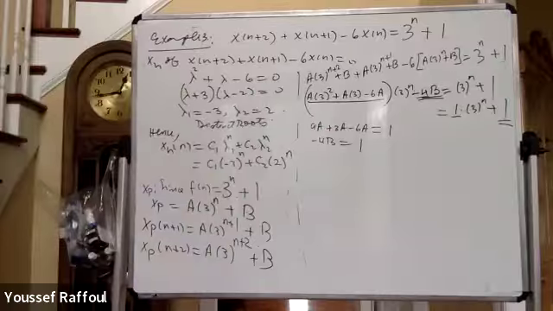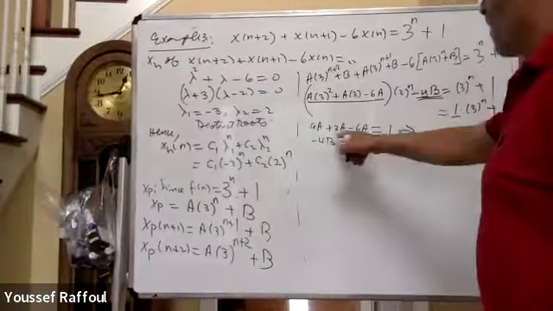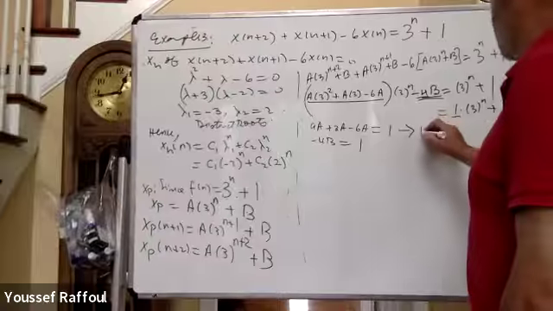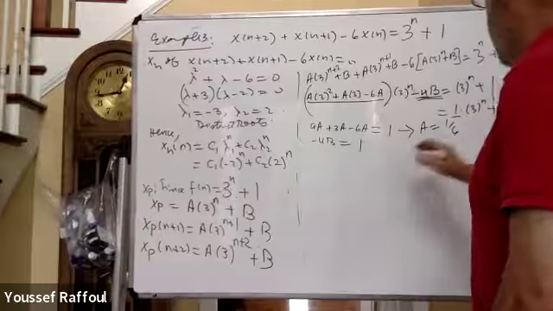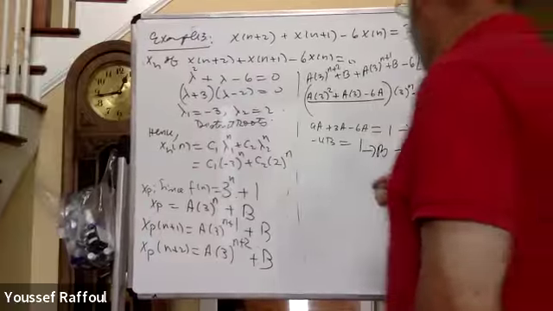Okay? And here I have a is 1/6 and b is -1/4.